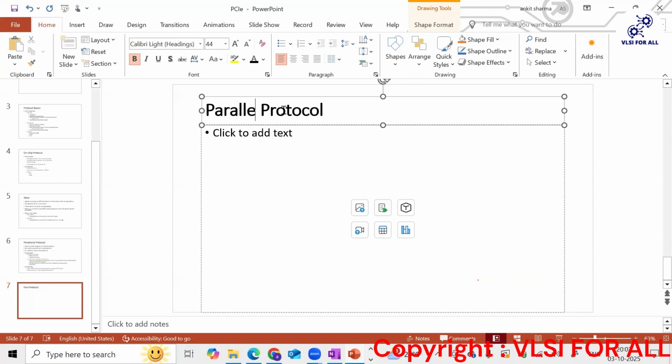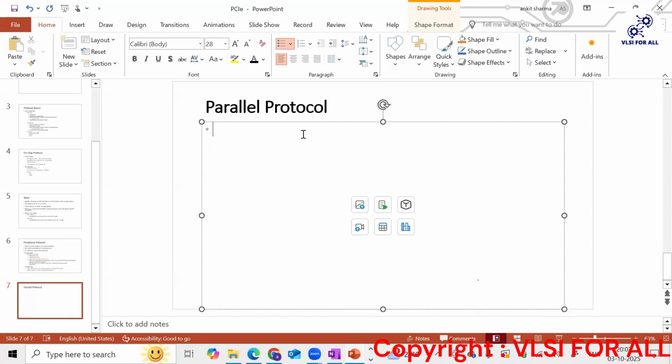So now you tell me, what about parallel protocols? AXI is an on-chip type, but how or when can you say it's a parallel protocol?